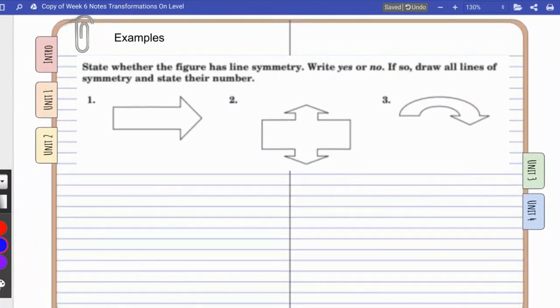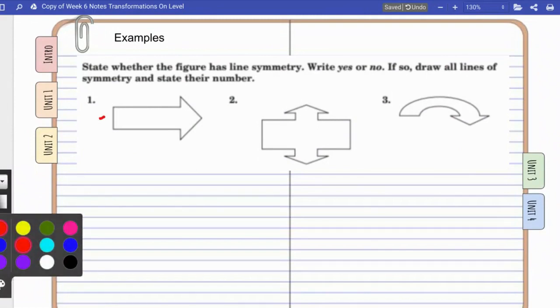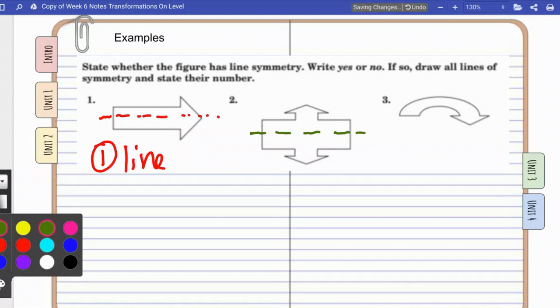Okay, so let's state if it has line symmetry or not. Well, with this arrow, do you agree I could fold it in half down the middle and it would mirror on top of itself? That has one line of symmetry. Over here, let's try to cut it down the middle. If I cut this shape down the middle, it will be directly on top of itself. It's a mirror image.